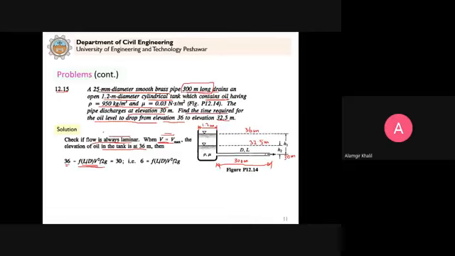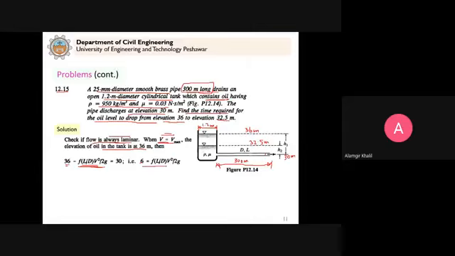What is left: 36 minus the head losses must be equal to 30 meter. Let's say you are coming from a 36 meter potential to a potential of 30 meter. This will come at the cost of this energy. So 6 is equal to f L by D times V squared by 2g.